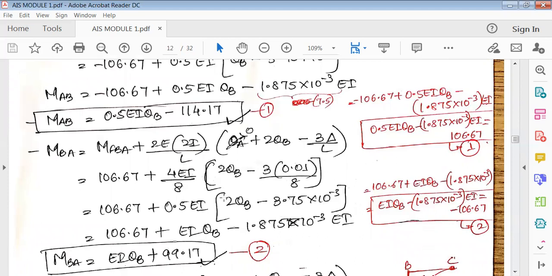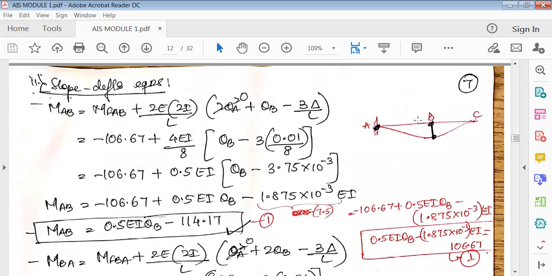Similarly, calculate the second equation. This MBA is equal to MFBA plus, again substitute all the values, 2EI. Instead of I, again it is 2 times I. Then theta A plus 2 times theta B, because B is the first term. So 2 times theta B minus 3 delta by L. Again substitute all the values, it would be same. Theta A becomes 0 because it is a fixed support. Then minus 3 delta is again 10 mm, convert into this thing.